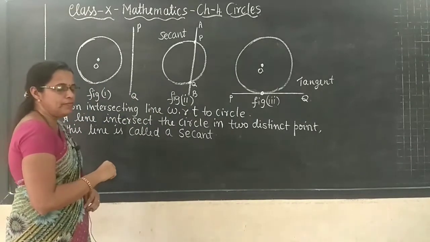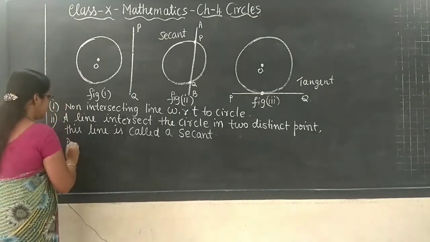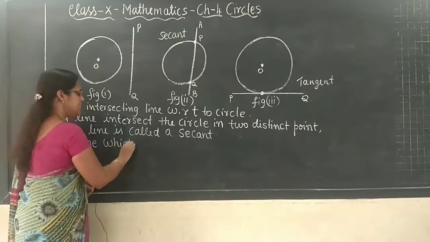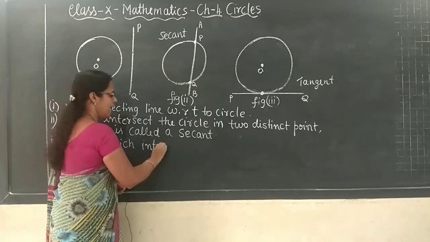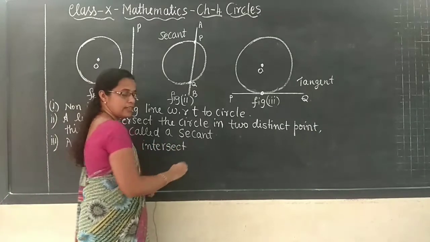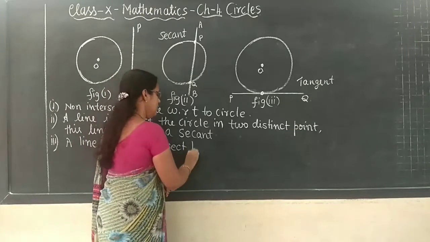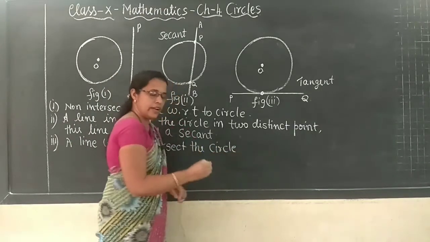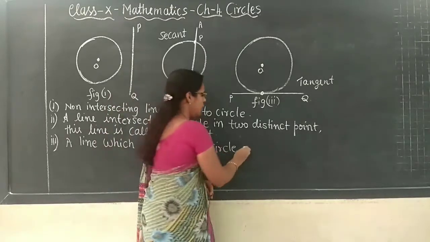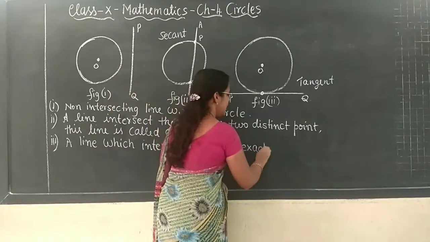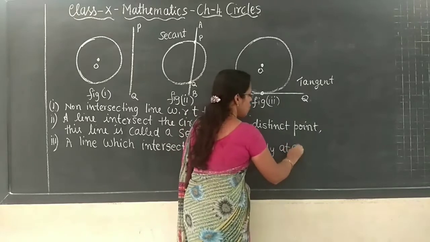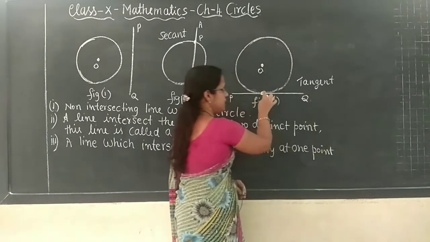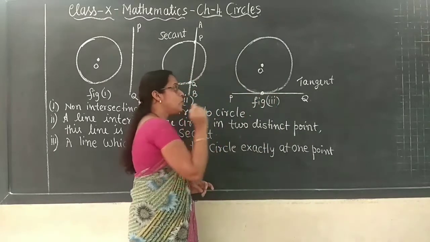We have here a line which intersects the circle exactly at one point. It touches the circle exactly at one point.